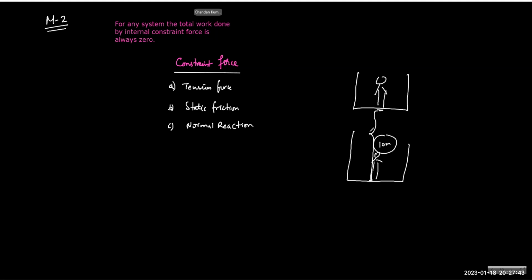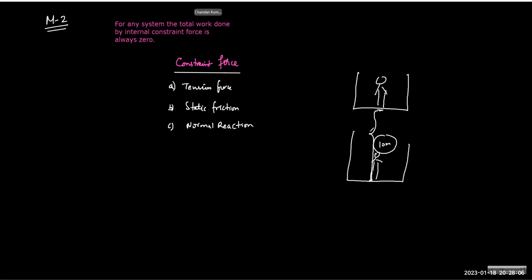It will not move relatively, and you repeat the process. So the force which is stopping your foot is the friction force. Understood? Therefore it is acting as a constraint, but you're not worried about it.